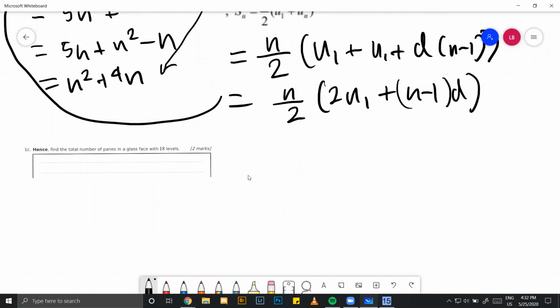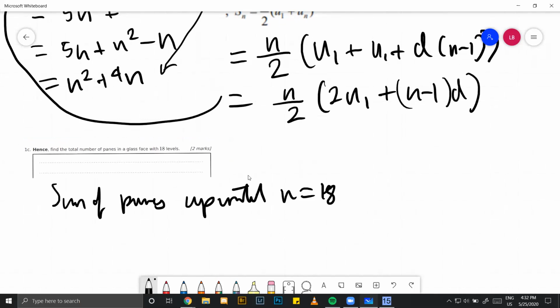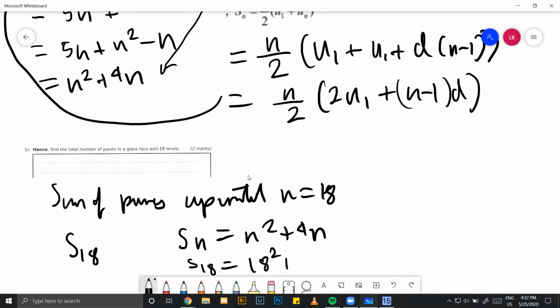What that means is the sum of panes up until n is equal to 18. So what you want is S18, right? Now you've shown that Sn is equal to n squared plus 4n. So S18 is equal to 18 squared plus 4 times 18, which then you can evaluate because this is paper 2. You can use a calculator to evaluate that. I'll give you 1 minute to do that.